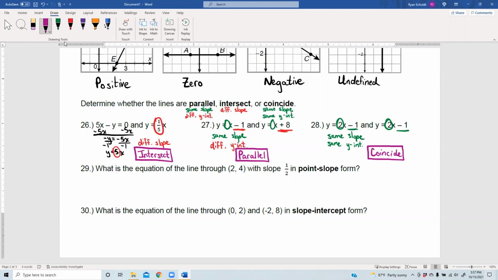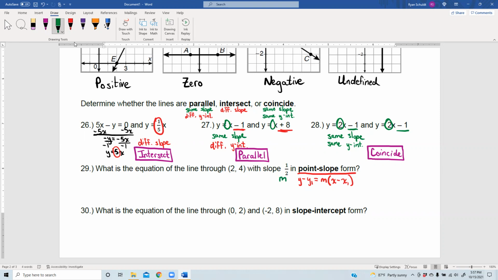Okay, 29. What's the equation of the line through 2, 4 with a slope of 1/2, and they want it in point slope form? Point slope form, remember that's the one that's y minus y1 equals your slope times x minus x1. So we want to see, do they give us all that we need? Well, slope 1/2, there's our m.